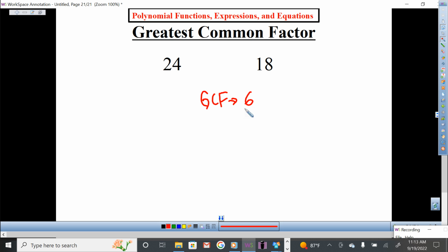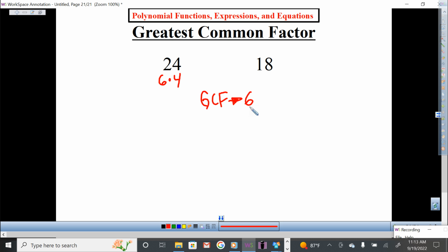So I baby step you up to right there. What I want you today to do in your noodle is think about it like this. Once we identify the GCF, I want you to rewrite each number using the GCF. So how would we write 24 using the GCF? It would be 6 times 4.